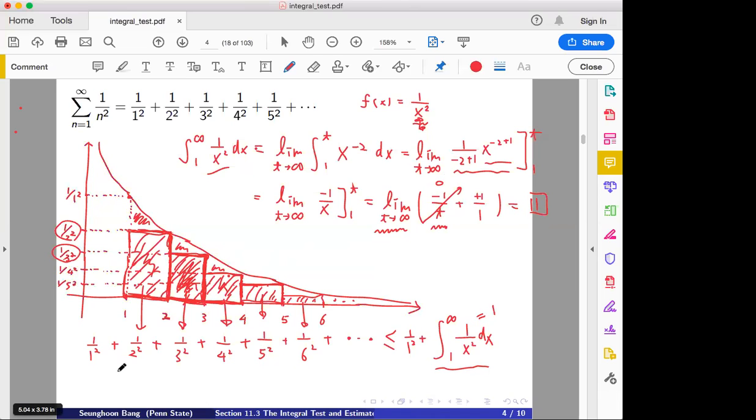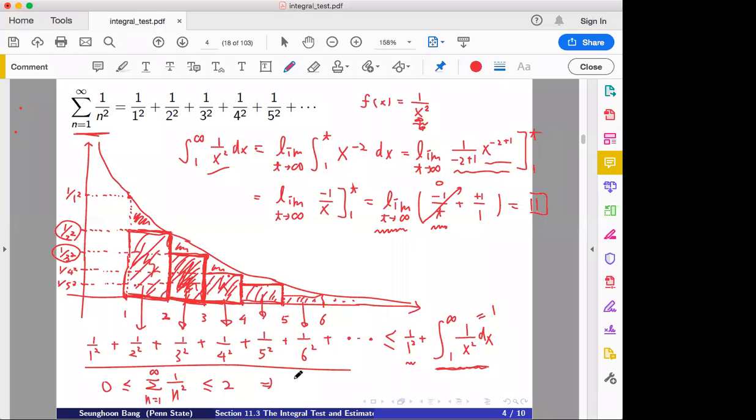So this summation is exactly the same as here: summation n equals 1 to infinity of 1 over n squared. This one is less than or equal to 1 over 1 squared plus another finite number 1, so exactly 2. The 1 over n squared is always positive, so we have between 0 and 2.